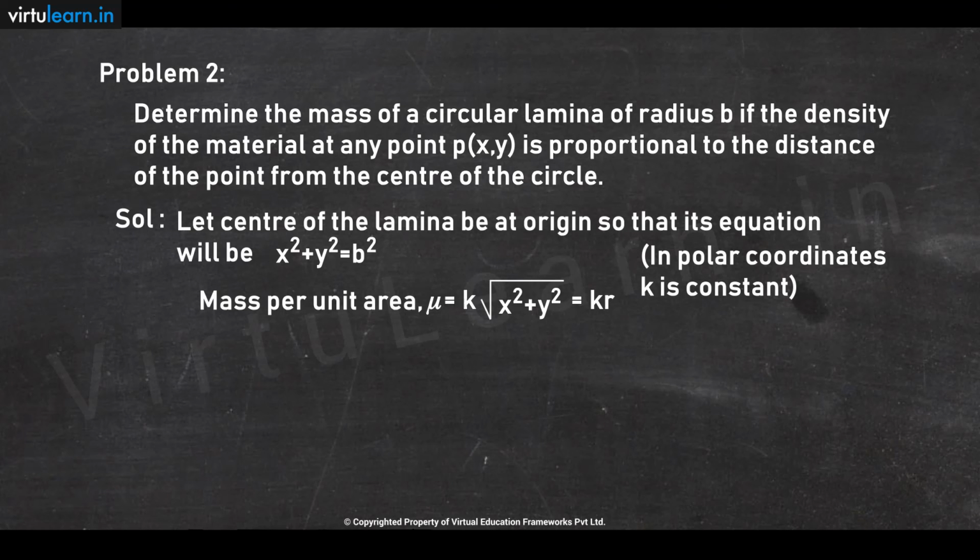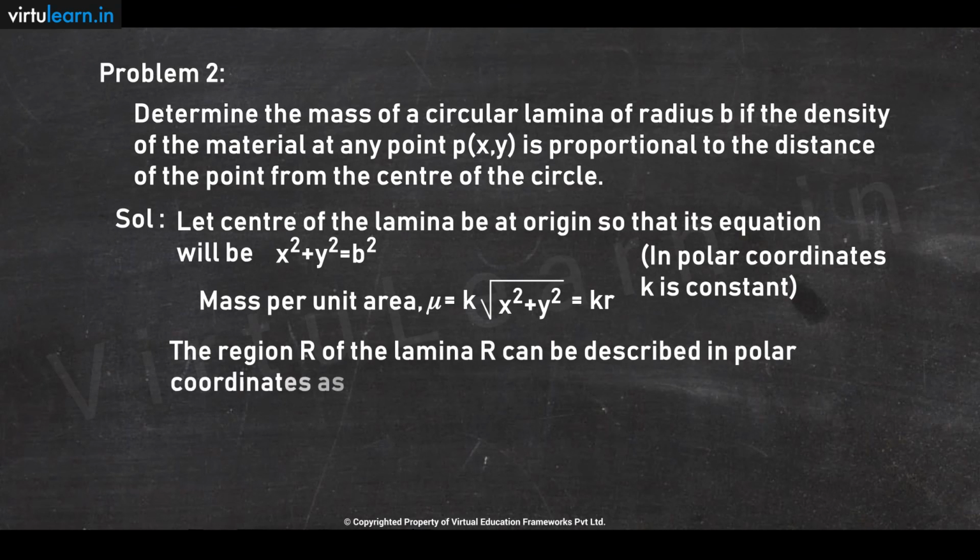Now the region of the lamina R can be described in polar coordinates as 0 less than or equal to r less than or equal to b, 0 less than or equal to theta less than or equal to 2 pi.